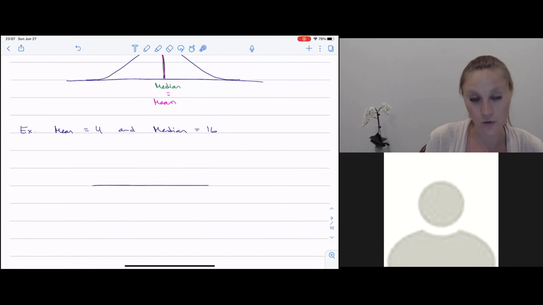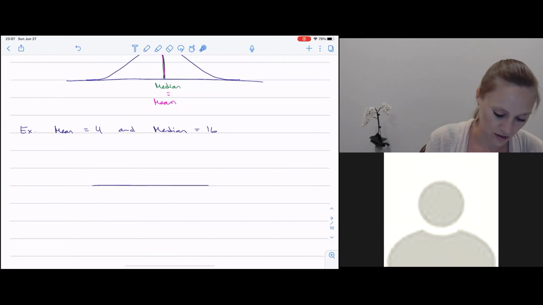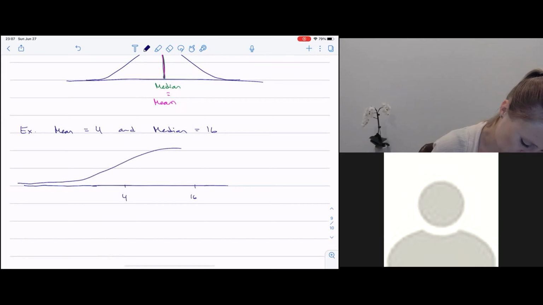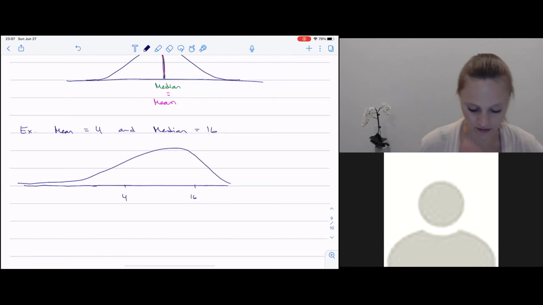Well, the median is where the lump of the data is. So at 16 here somewhere, I have the lump of my data. Whereas over here, maybe at 4, I've got my mean. So it might look something like this.